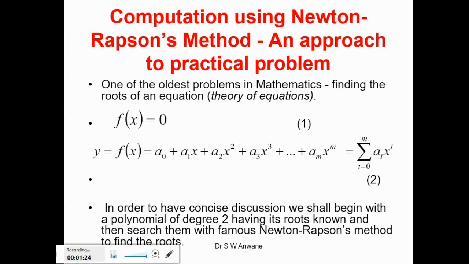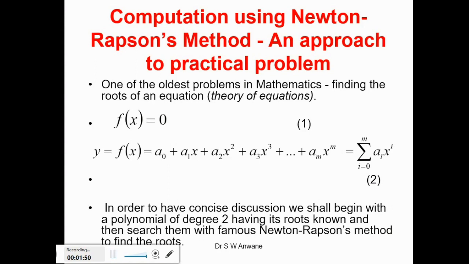So anything can be encompassed into this general equation. And now to find roots, it means that one needs to equate this equation with 0. That is, when y value is 0, that we call root. That particular value of x for which y is equal to 0, that is root.